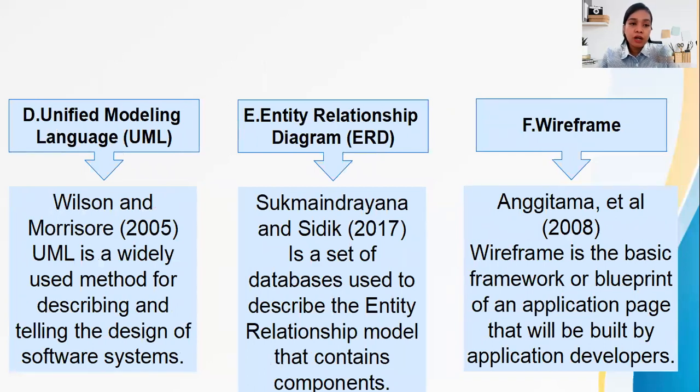The fourth is Unified Modeling Language, or UML, from Wilson and Morisot 2005, then the Entity Relationship Diagram, or ERD, from Sukma Indrayana and Sidik 2017, and the last one is Wireframe from Anggitama et al. 2008.